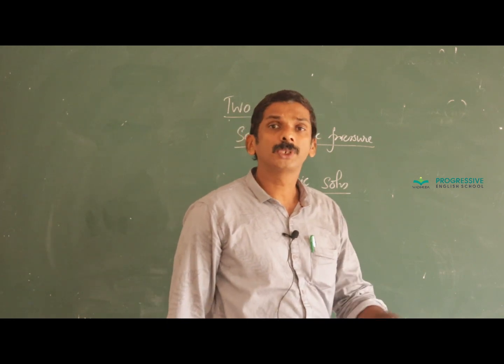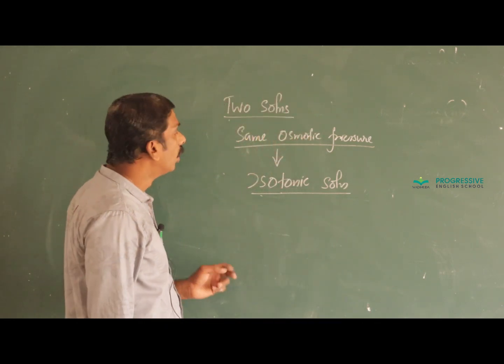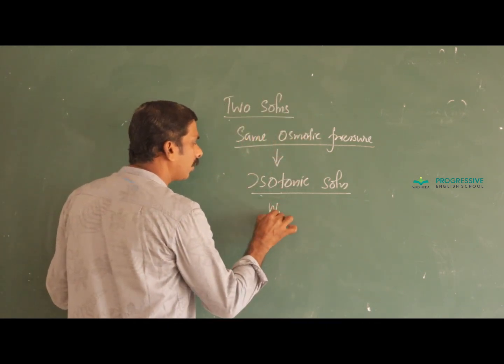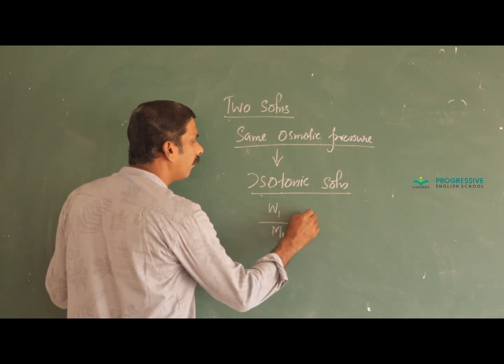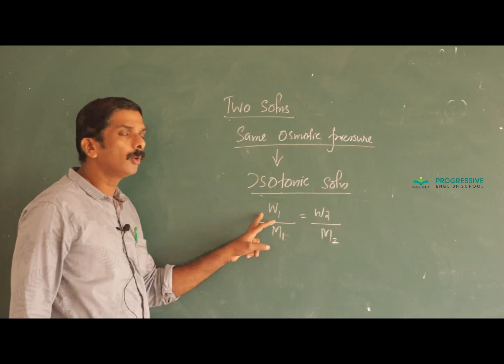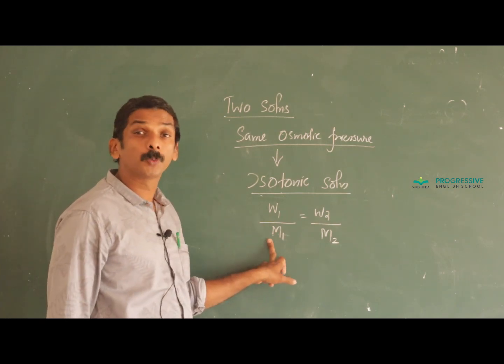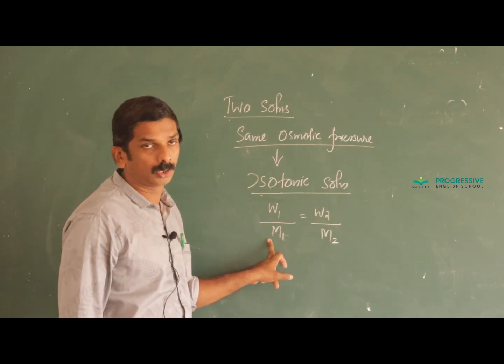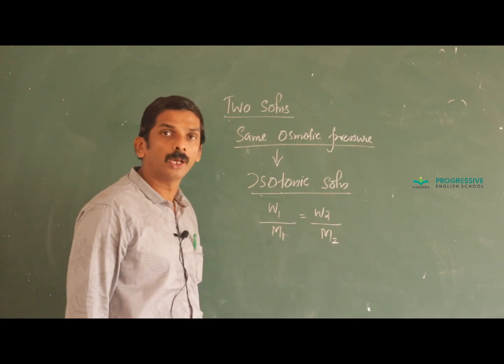Isotonic means two solutions having the same osmotic pressure. For such solutions, we can represent a relation W1 by M1 equal to W2 by M2, where W1 is the given mass and M1 is the corresponding molecular mass of that component. Similarly W2 and M2.